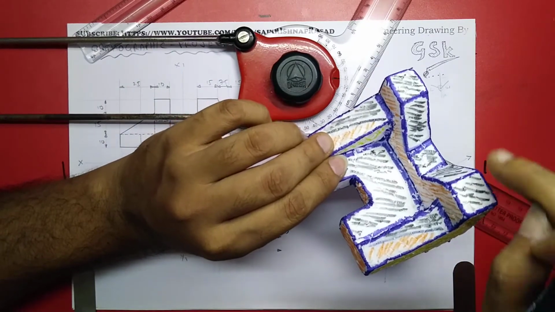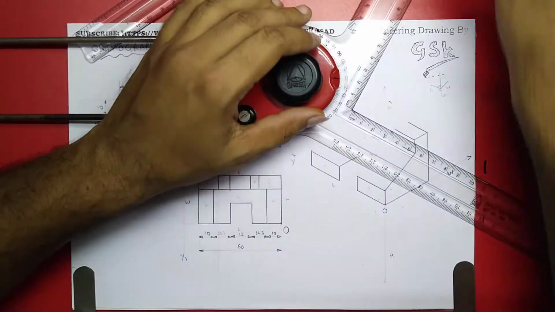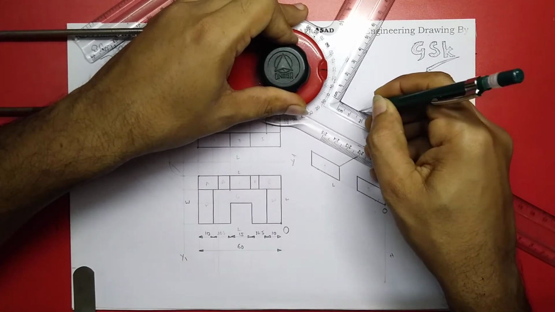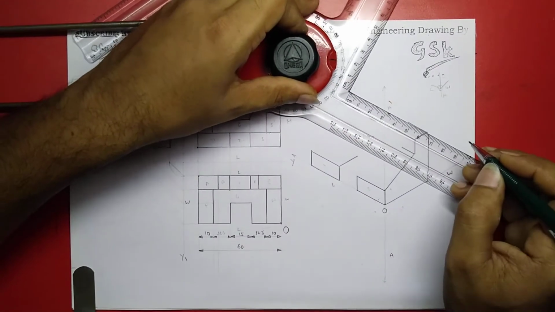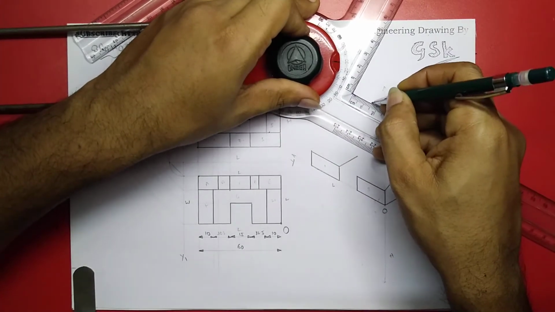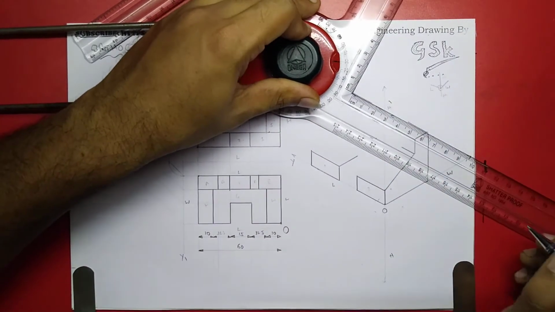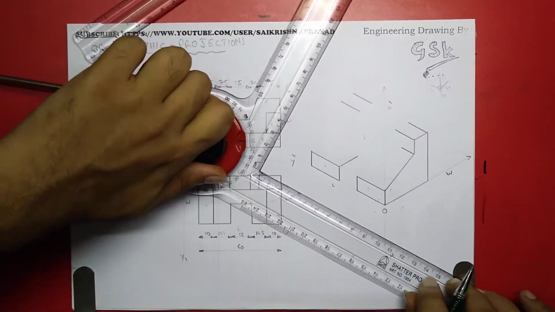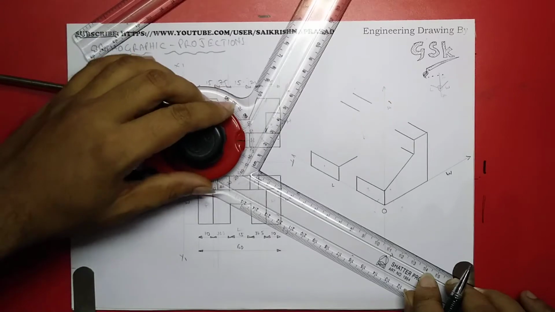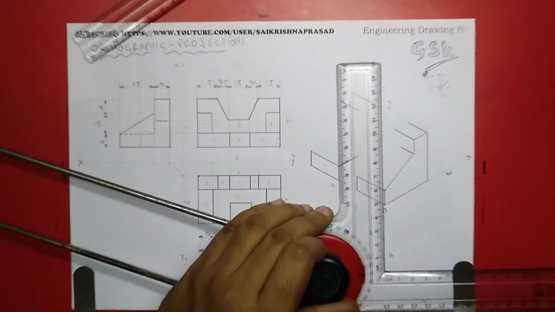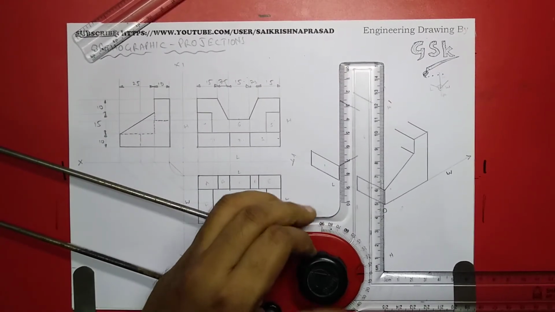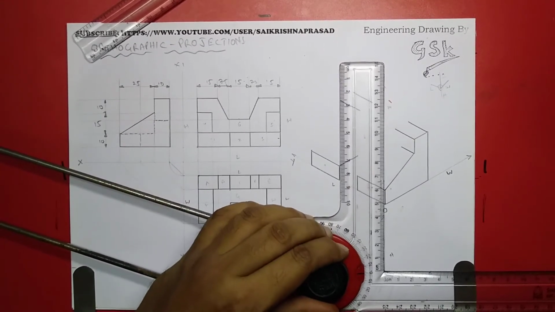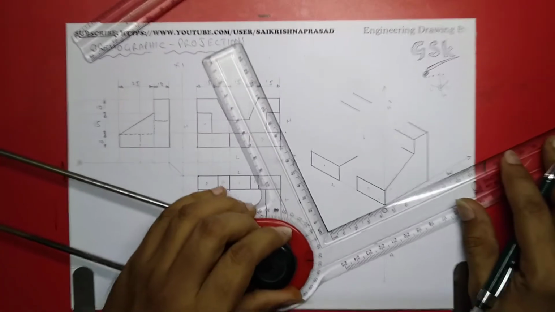So here 15, 15, 15, 15. Right, next I'll be taking the height. Or else I'll finish off the width.